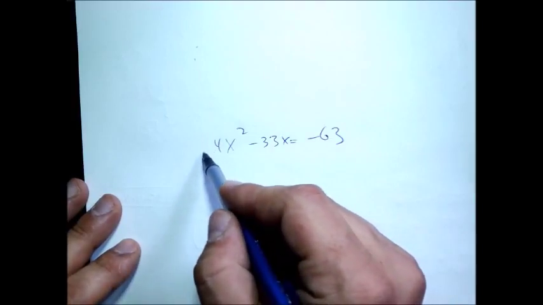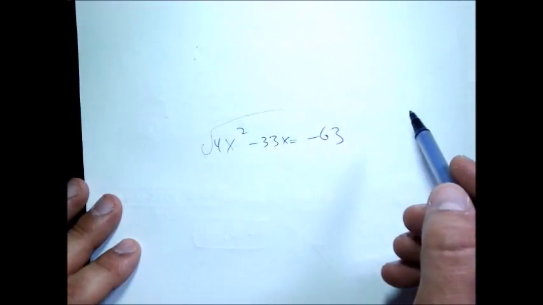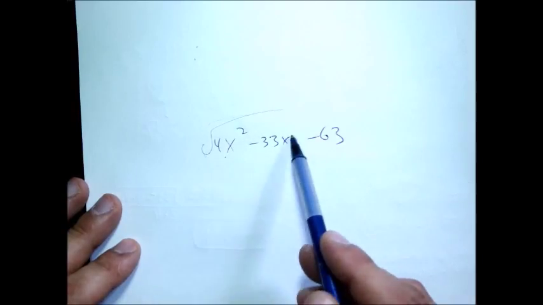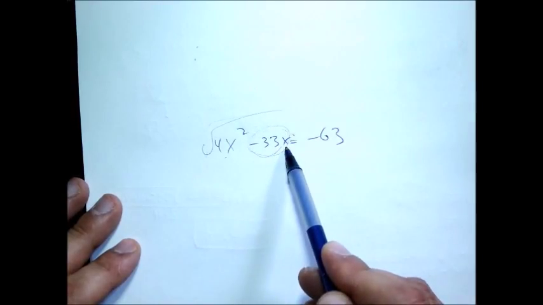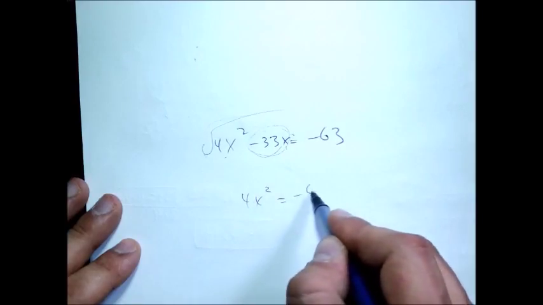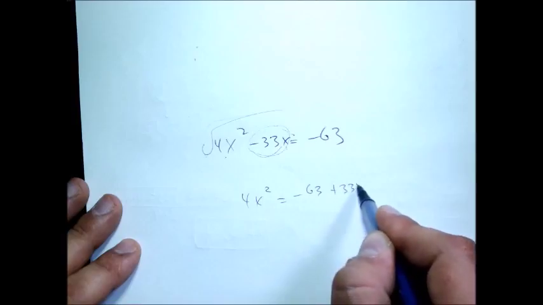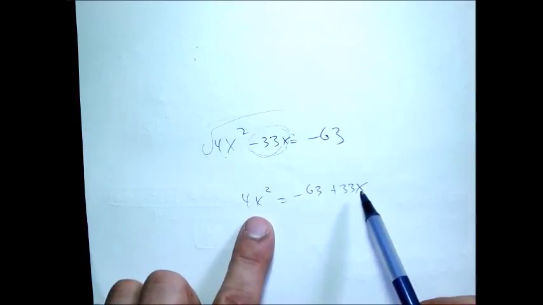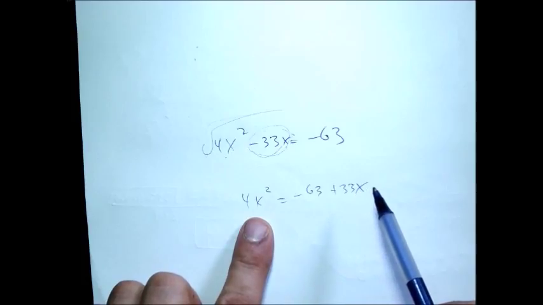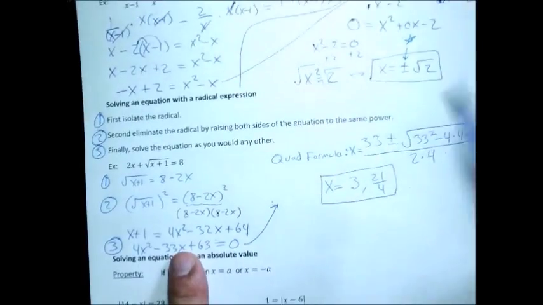If we do a square root, that's not helping because we can't pull an x out because this is inside there, right? If we add the 33x over to the other side, now we've got an x on both sides of the equation, and that's not helpful because we want to get it on one side. And so the answer is this one's too complicated to do something simple like this with.